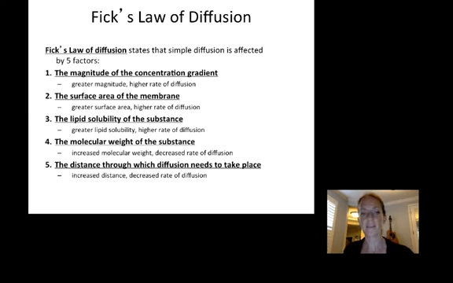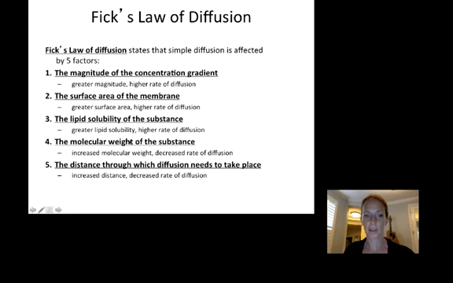Surface area, as you have higher surface area on a membrane, you can also diffuse faster. How soluble or how easily the molecule can get across the lipid bilayer will also increase the rate of diffusion. So if it's more lipid soluble, it'll diffuse faster.